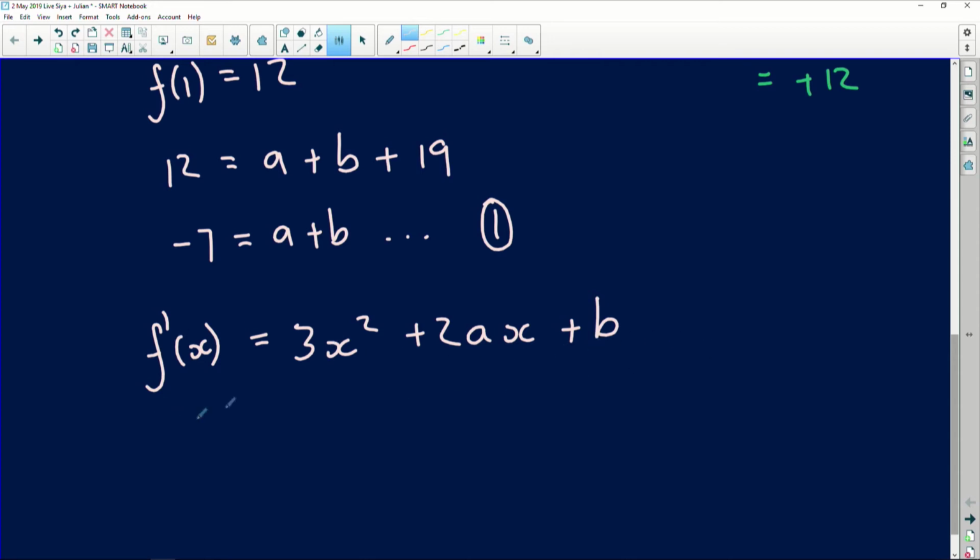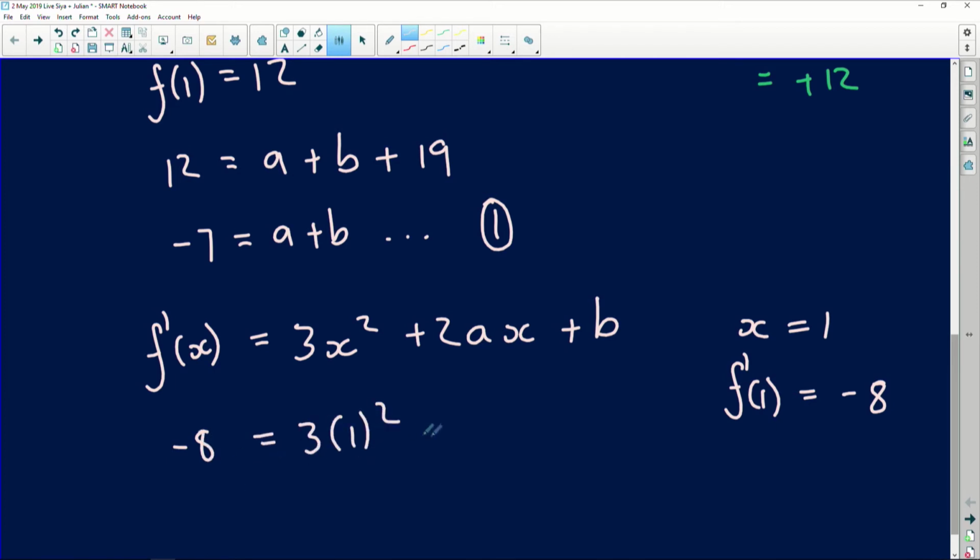Now we know that this gives me my gradient at a certain point, and if x is equal to 1, we can say my f prime of 1 is equal to my gradient, which was negative 8. So if we substitute this in, we get negative 8 is equal to 3 multiplied by 1 squared plus 2a multiplied by 1 plus b.